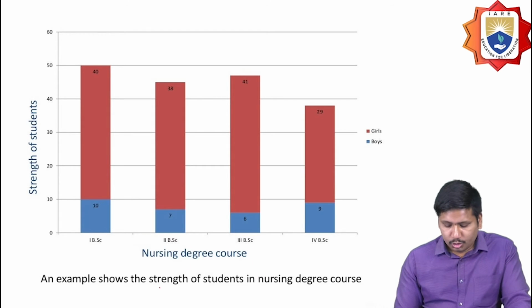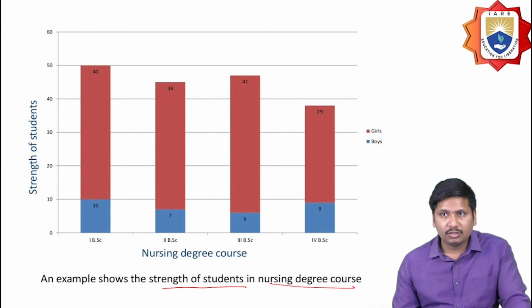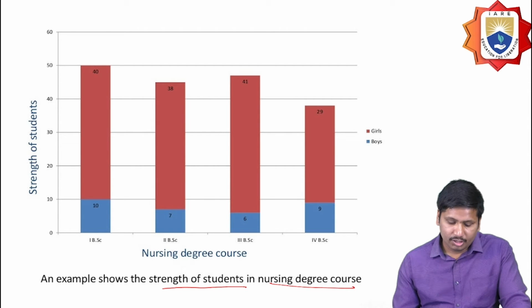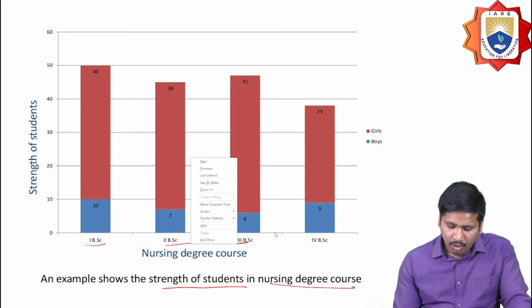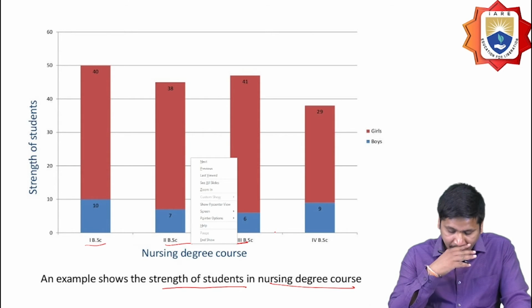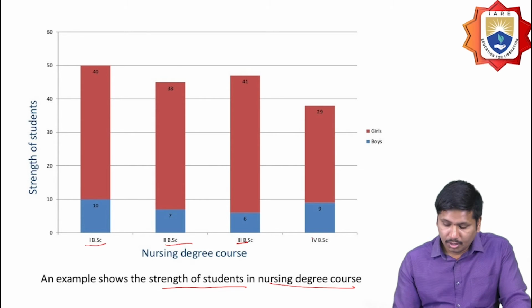The example shows the strength of students in a nursing degree course. I want to find out how many girls and how many boys are doing this degree course, in first BSc, second BSc, third BSc and fourth BSc.